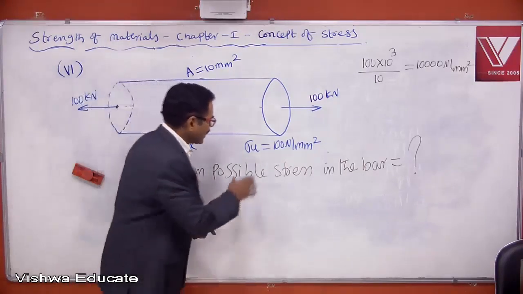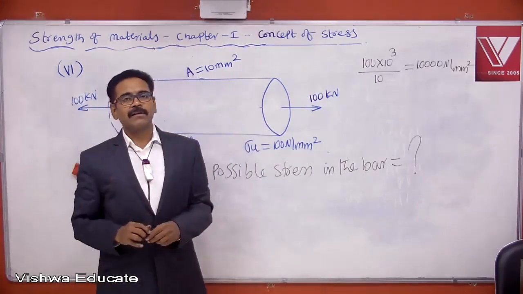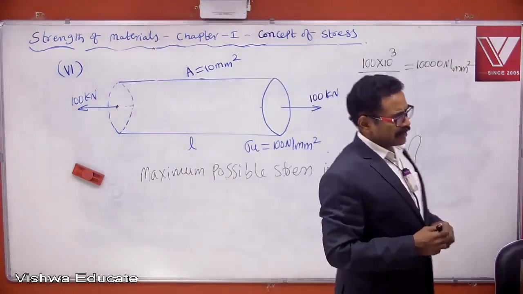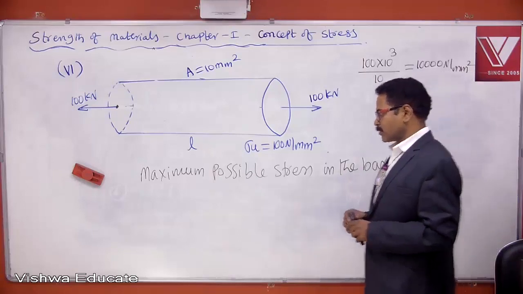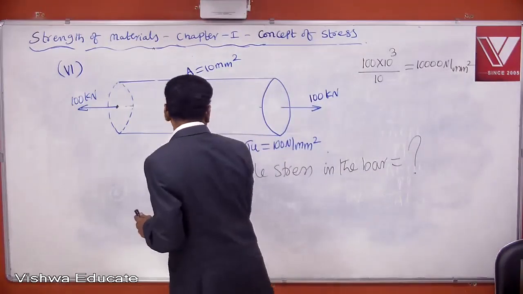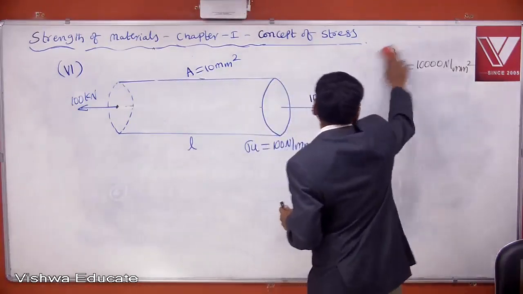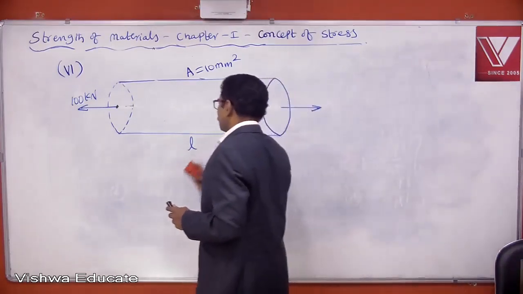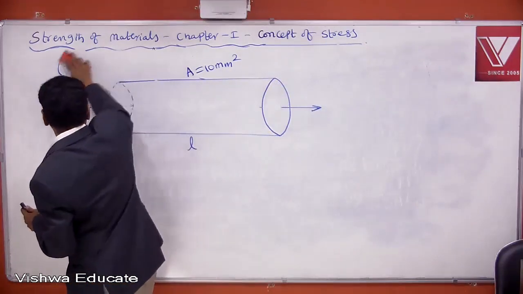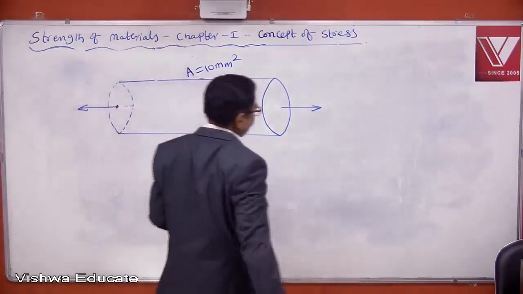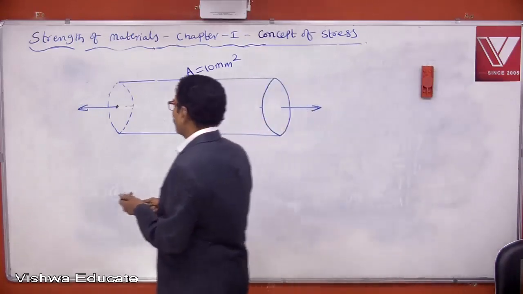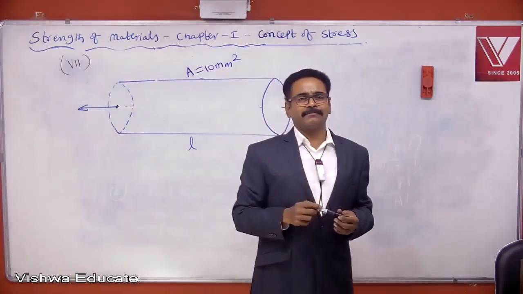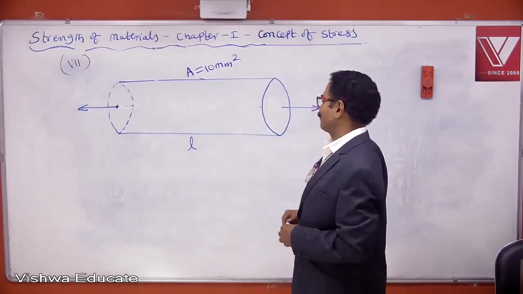When stress reaches ultimate point, simply this will fail. So write down one point here: maximum possible stress in any structure is ultimate point stress.